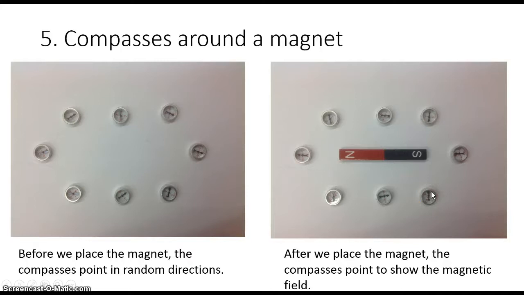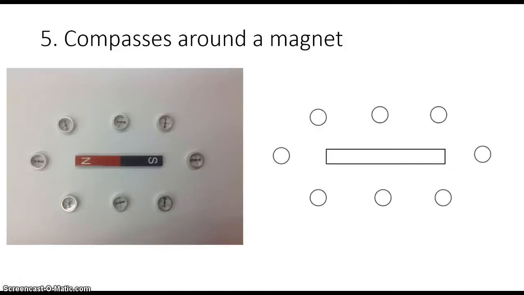So we can fill in the diagram in the worksheet as follows. Let's say this is the north and this is the south. The arrowhead goes this way, points towards the south. The compass here points towards the south. Here the arrow will point away from the north, and here the arrow will point towards the south.